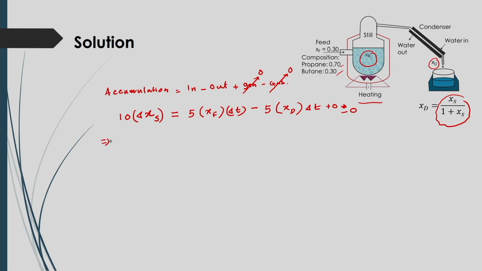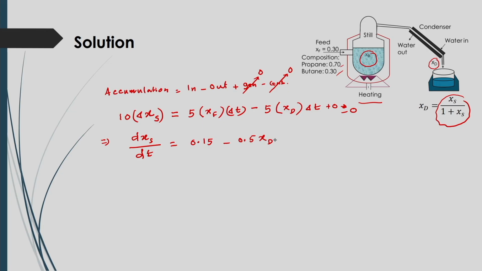Now dividing by delta t and taking the limit as delta t approaches 0, we can write 10 into dxs by dt equal to 1.5 minus 5 into xd.